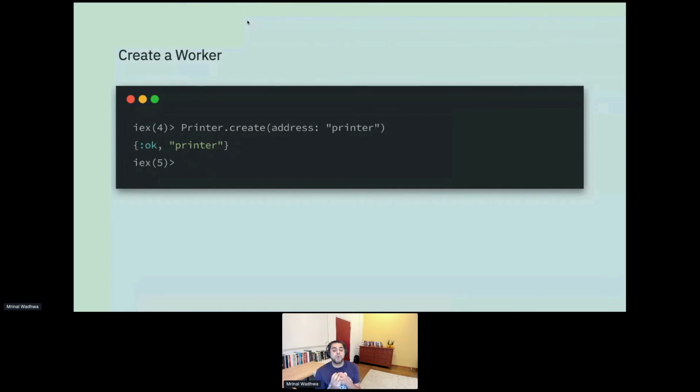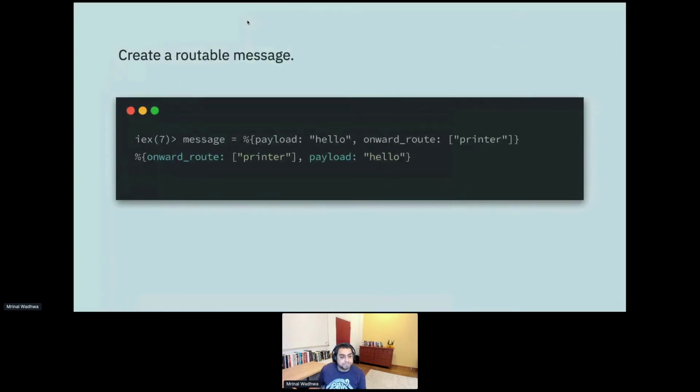These addresses are important because we want machines to remotely route messages to workers on other machines. This printer has an address called printer, and I can craft a message which the Ockam routing protocol will understand. This message would look like this.